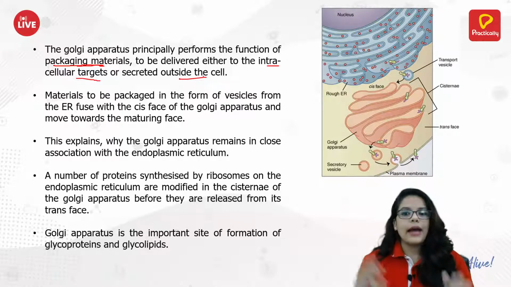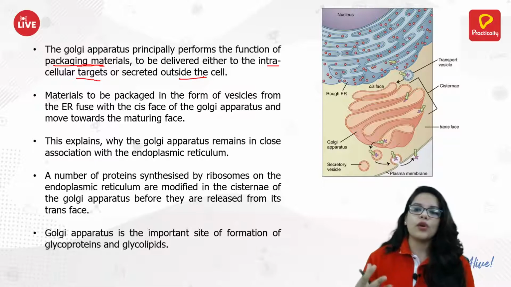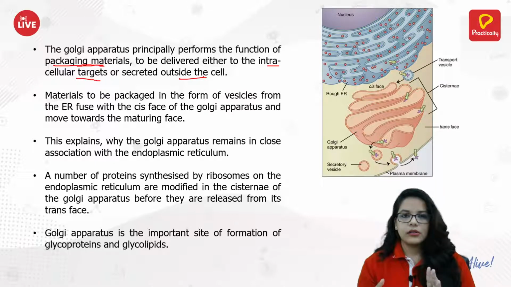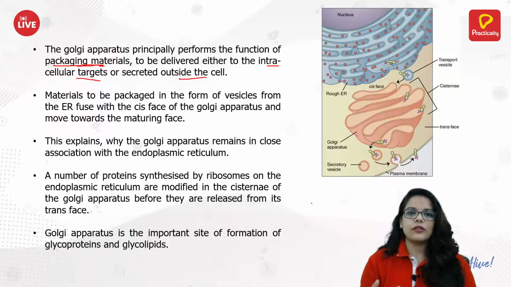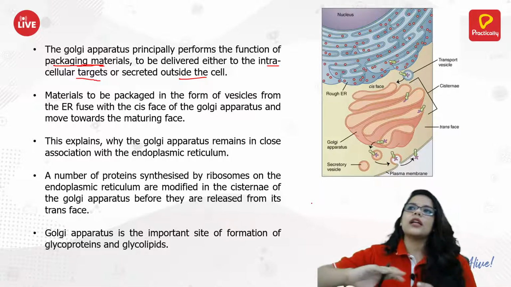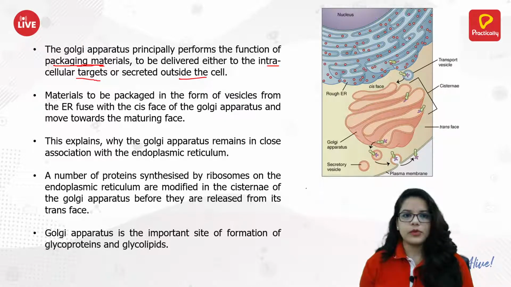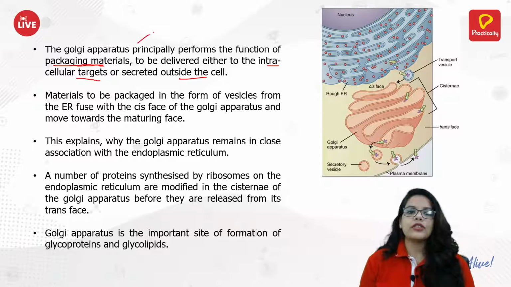So they pack whatever is formed in the cell. See here, they are packing things. They take it, transport it, and pack it in a way so that it can be transported from one part of the cell to another, or to the outside of the cell. So they have a packaging function.